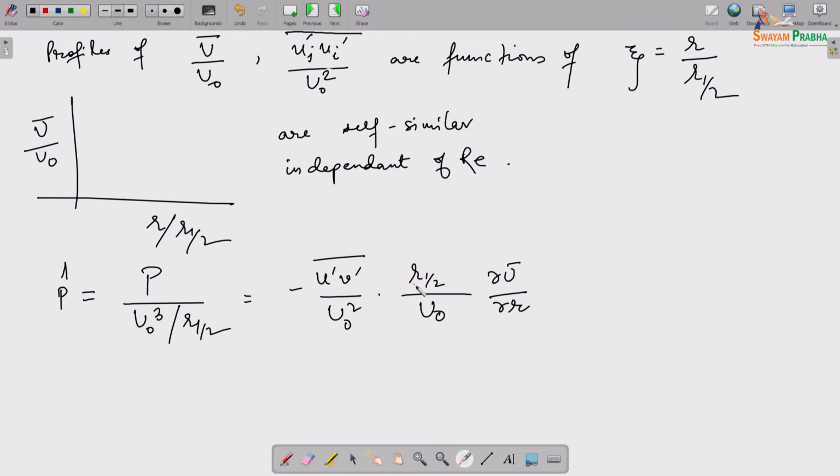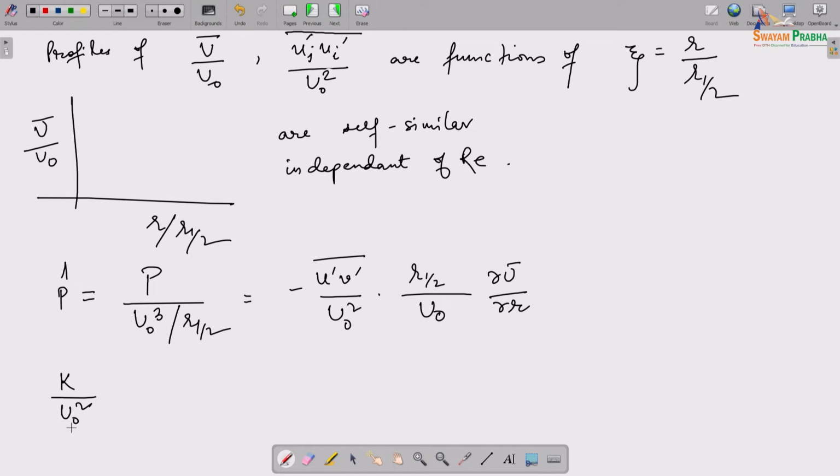Now let us say the fluctuating part of the kinetic energy, k, by u naught square.